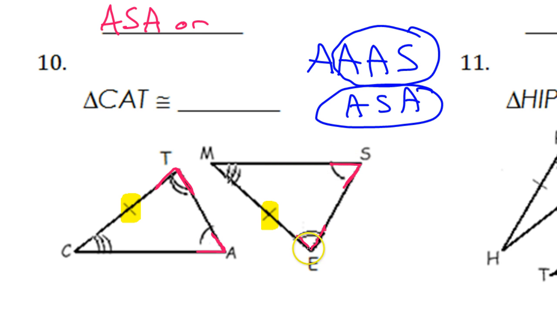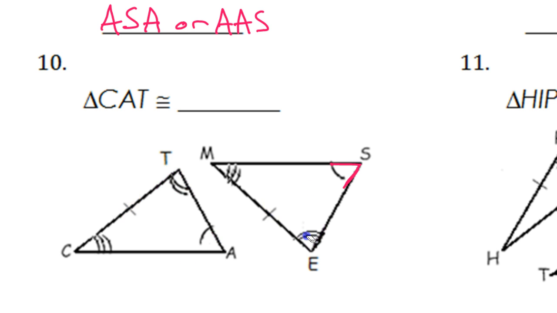Looking at these three pieces of information, now we have two angles and the non-included side, which is not between them. That would be angle, angle, side. So either one of those would work.